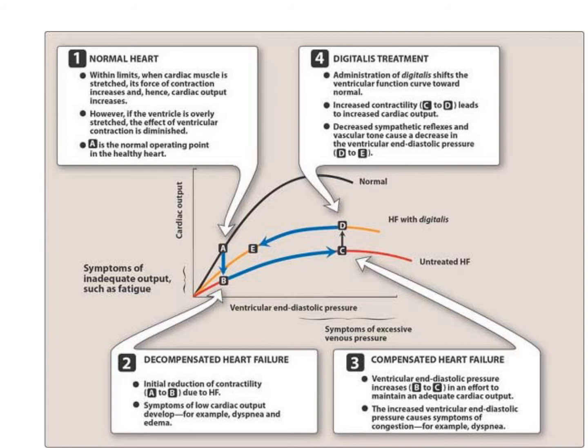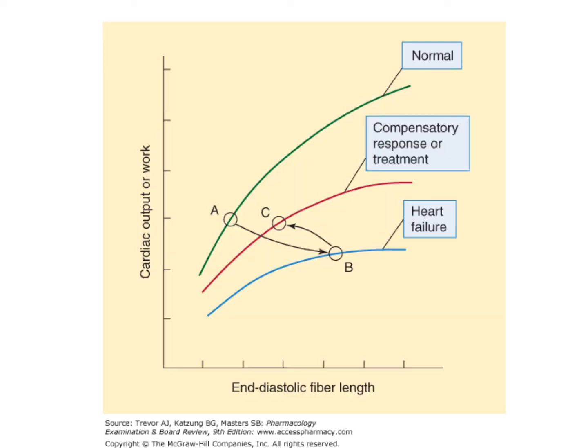And if we go to step 4, after administration of digoxin as treatment, we can see the digoxin causes increased contractility from C to D, leading to increased cardiac output and decreased ventricular end-diastolic pressure. This slide also summarizes what we're talking about.